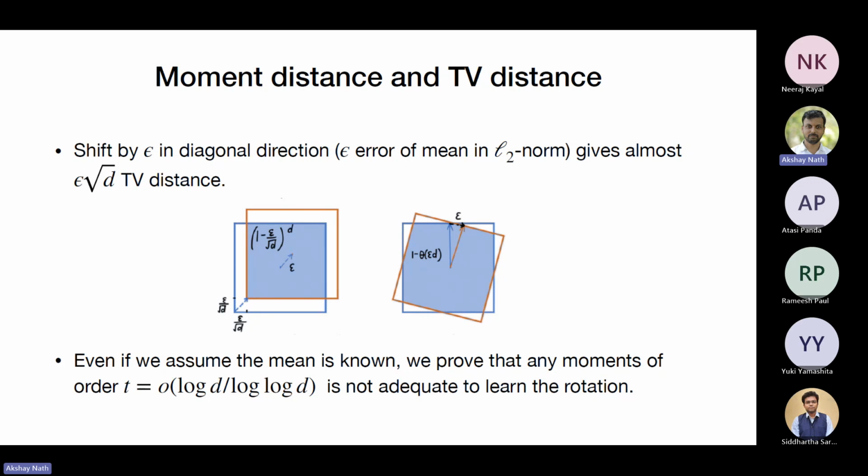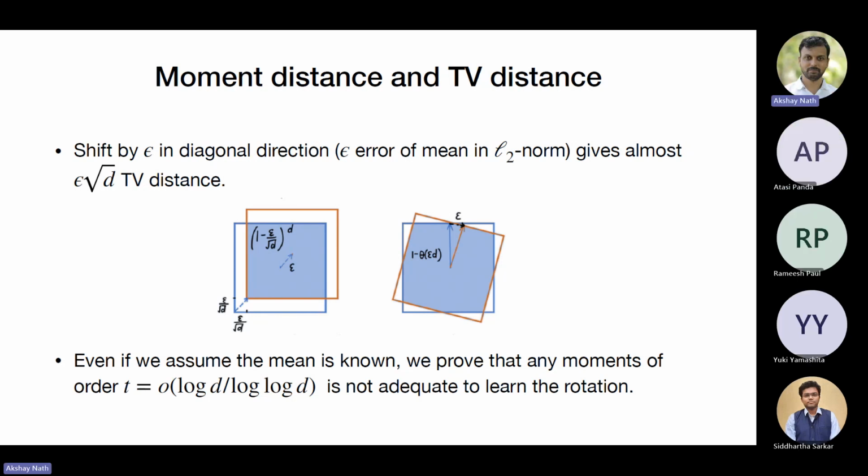Because the total is epsilon, each coordinate is translated by epsilon over square root d. Now what's the TV distance between these blue and orange cubes? The overlap will be 1 minus epsilon over square root d, to the power of d. And the TV distance, 1 minus the overlap, will be almost epsilon times square root d. So again, it has a dependence on the dimension d.